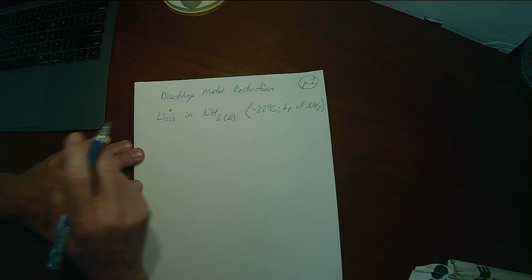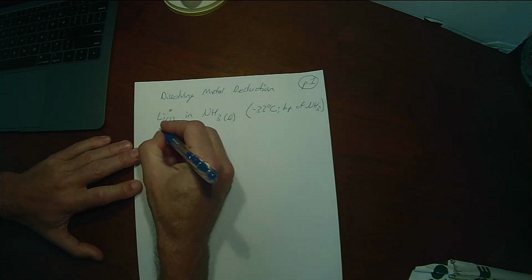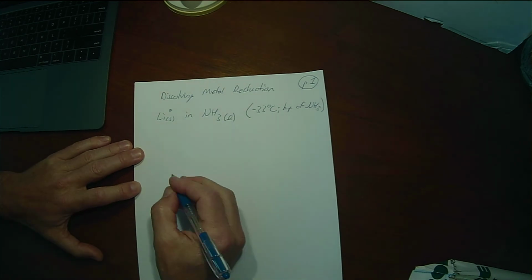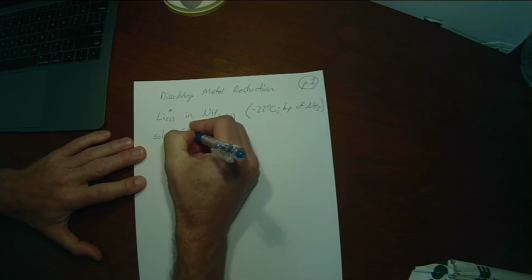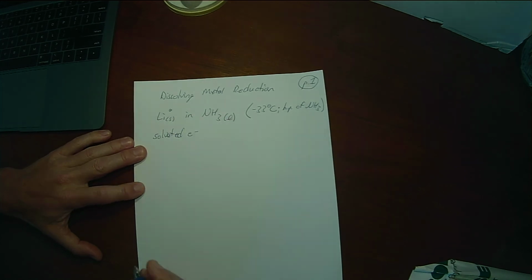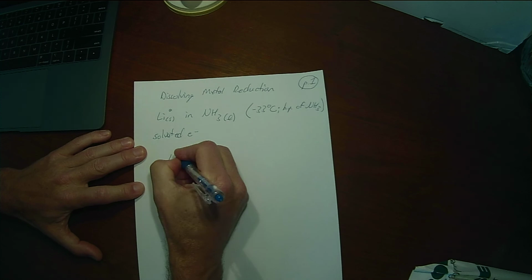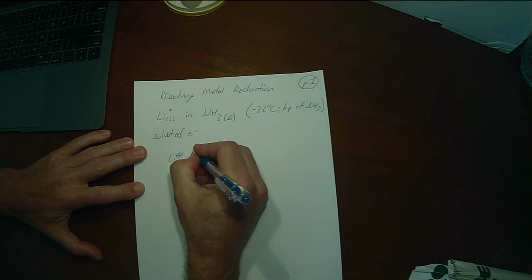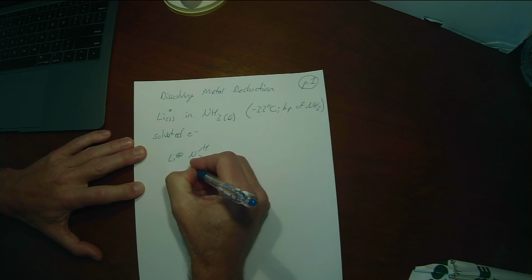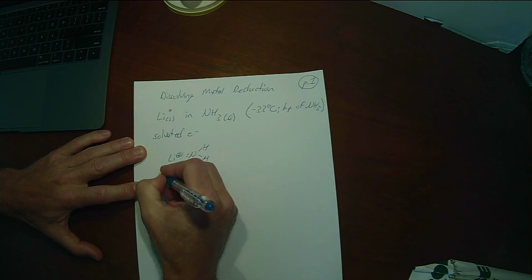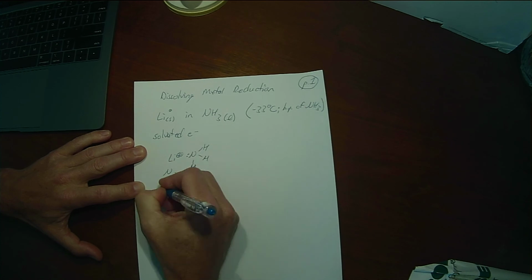When you stick lithium in liquid ammonia, it donates its electron to ammonia. It's called the solvated electron, and it's actually pretty cool. You've got a lithium cation surrounded by the nitrogen lone pairs, so that's heavily solvated.